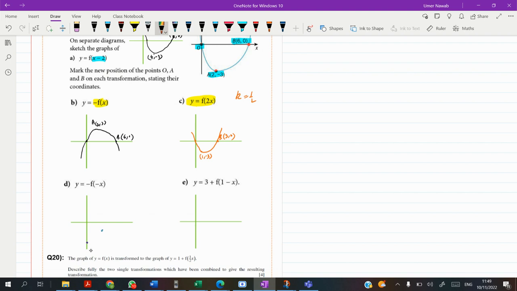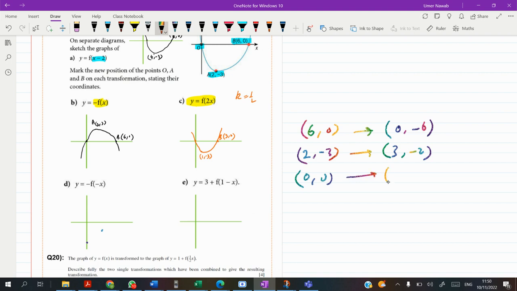And then we have 0, 0. What will happen to 0, 0? So 0, 0 will not be changed. So 6, 0, you guys saw that it becomes 0, minus 6, and 2, minus 3 becomes 3, negative 2. Why is it becoming 0, 0?